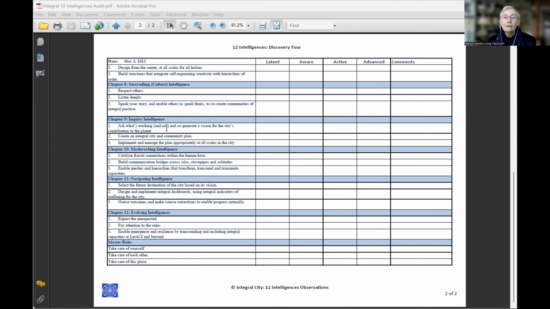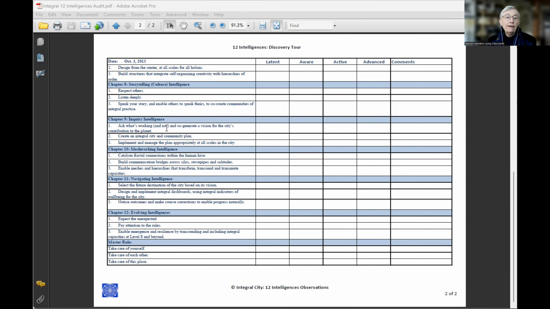So quite a challenge. This brings us then to the meshworking intelligence, which I had referred to earlier when we were looking at the building intelligence. Meshworking is a way to combine the best of two operating systems, the self-organizing one and the structuring one. So they both must emerge.